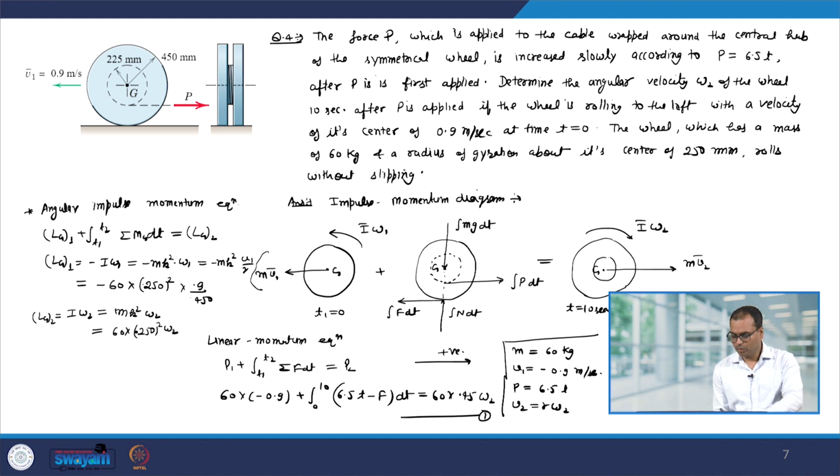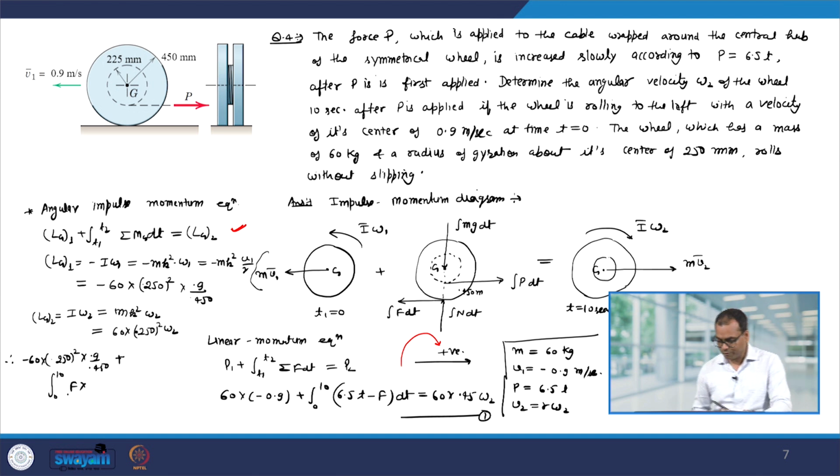Square into omega 2. Now, for the rotation, let me take this direction as the positive direction and put these values over here. So, we have Lg1, which is equal to minus 60 into 0.250 square into 0.9 over 0.450, plus integral Mg dt. Mg is the moment, so that will be equal to integral 0 to 10.